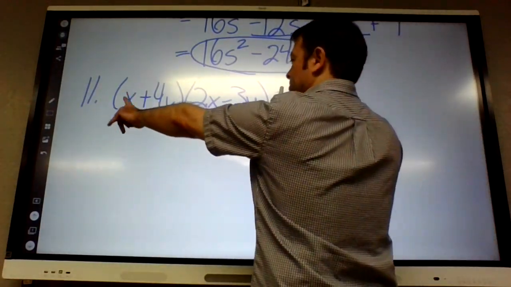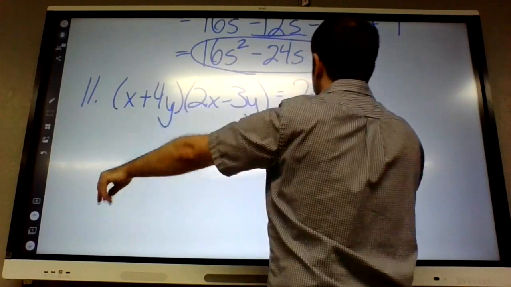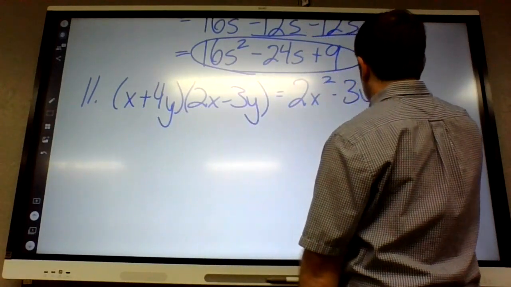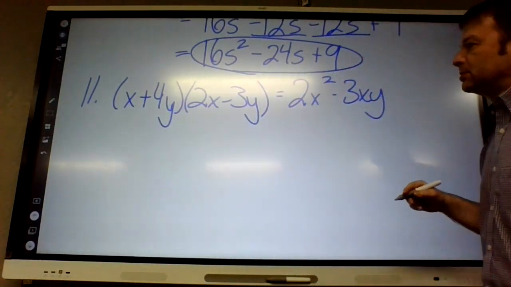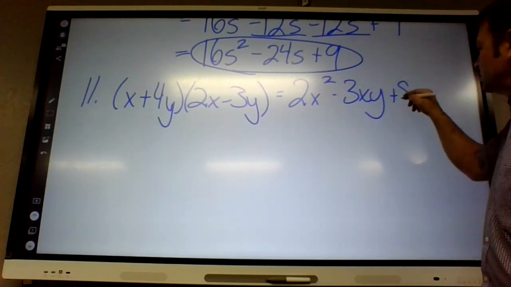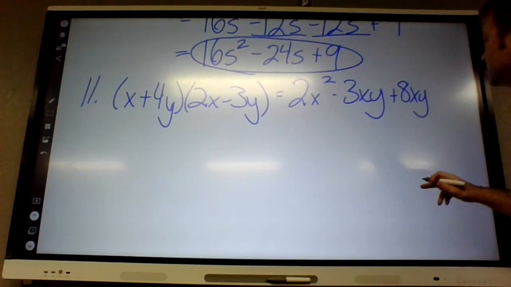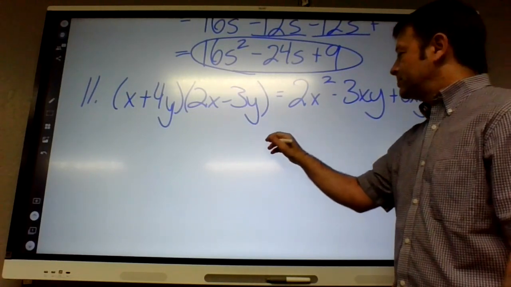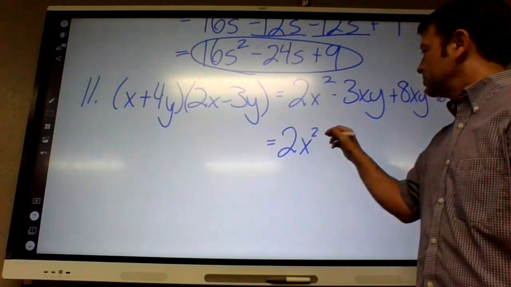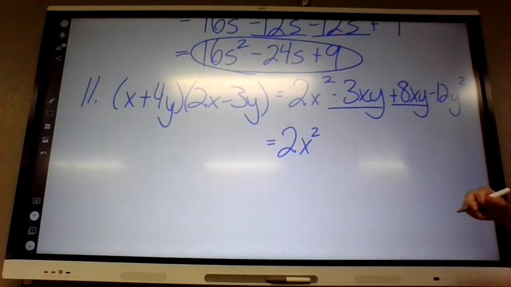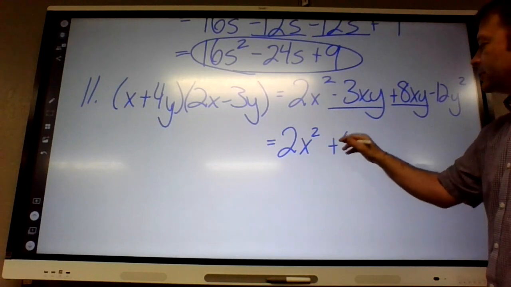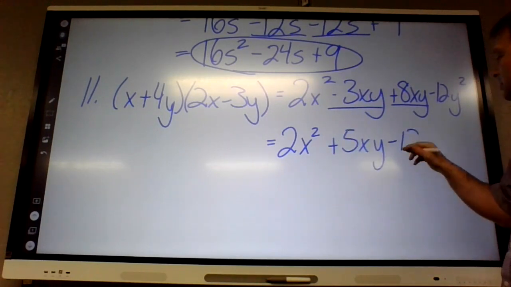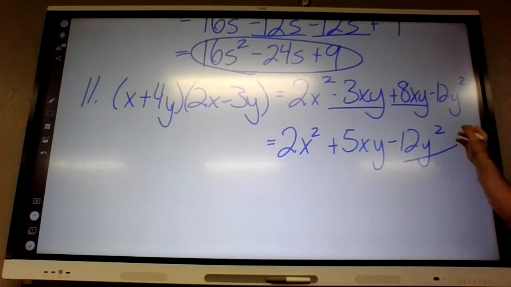Outside, and it's minus 3xy. Yeah, inside, 8xy. Last, and minus 12y. Okay, final answer? So it's 5xy. You're right, 5xy. Minus 12y. Yep, good job.